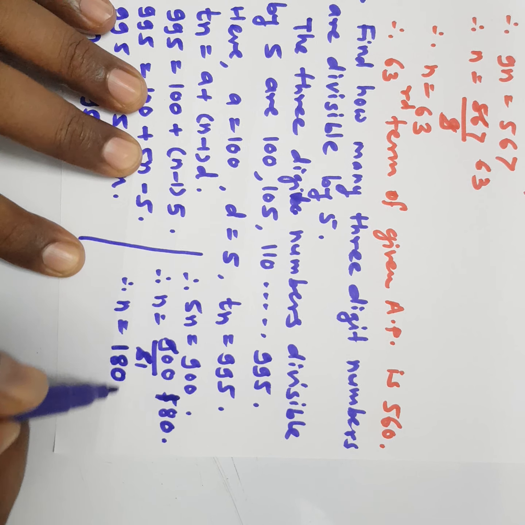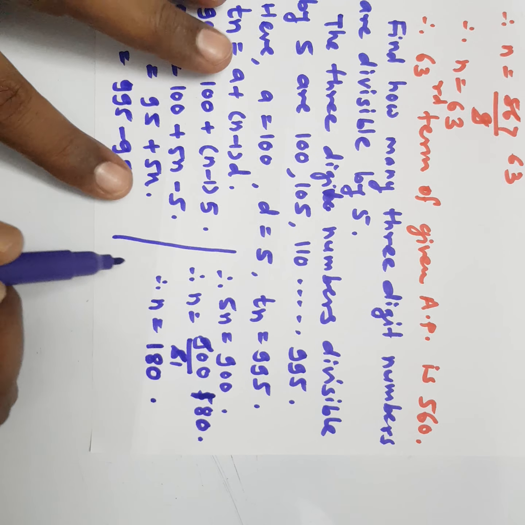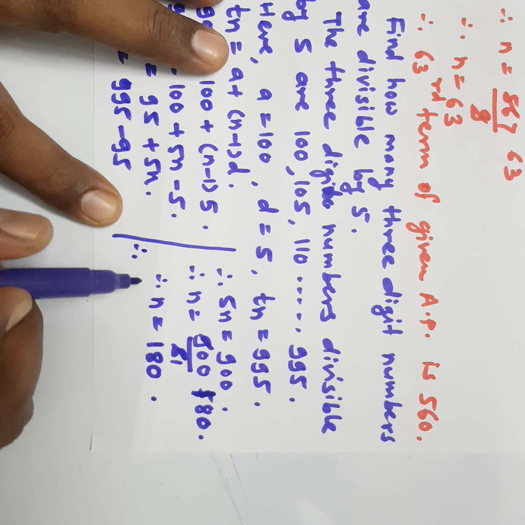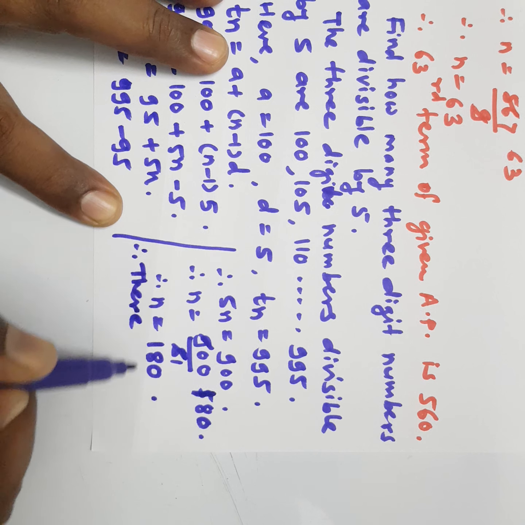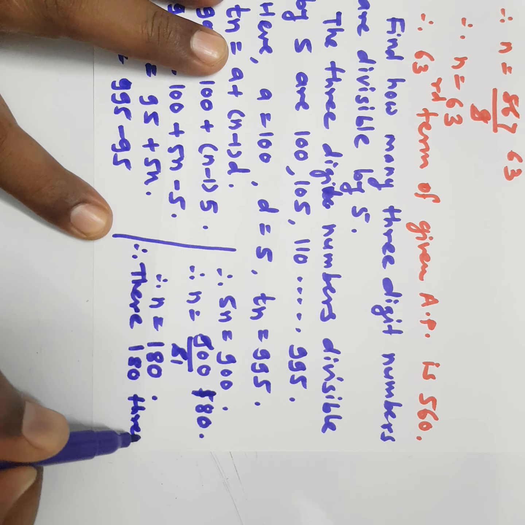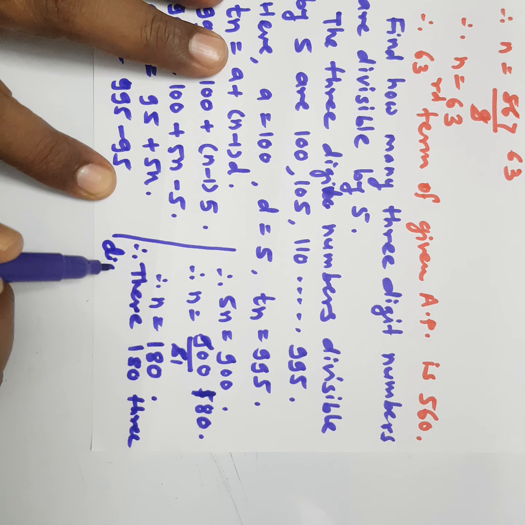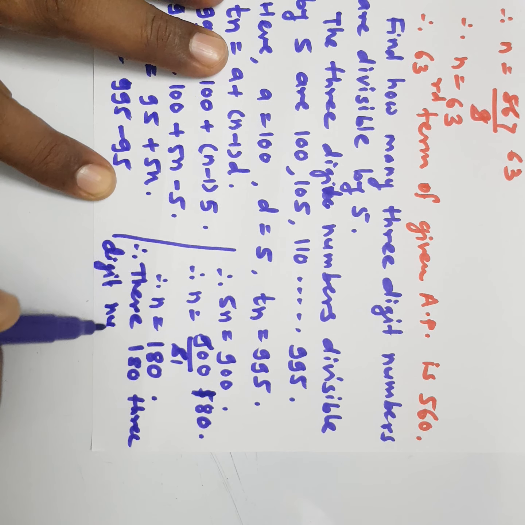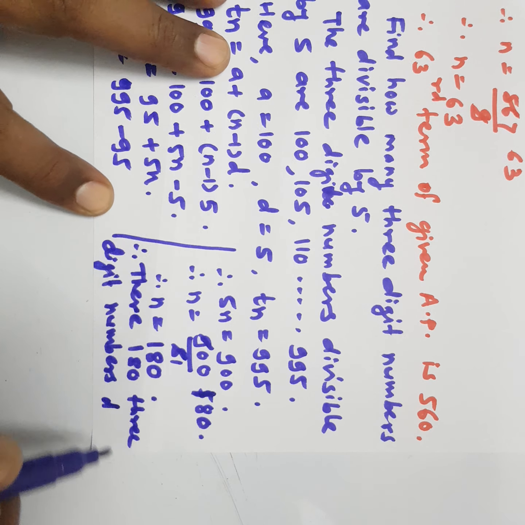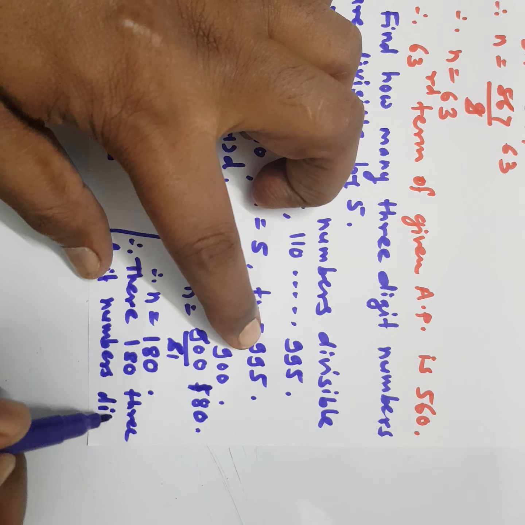Therefore, n is equal to 180, which means there are 180 3-digit numbers which are divisible by 5.